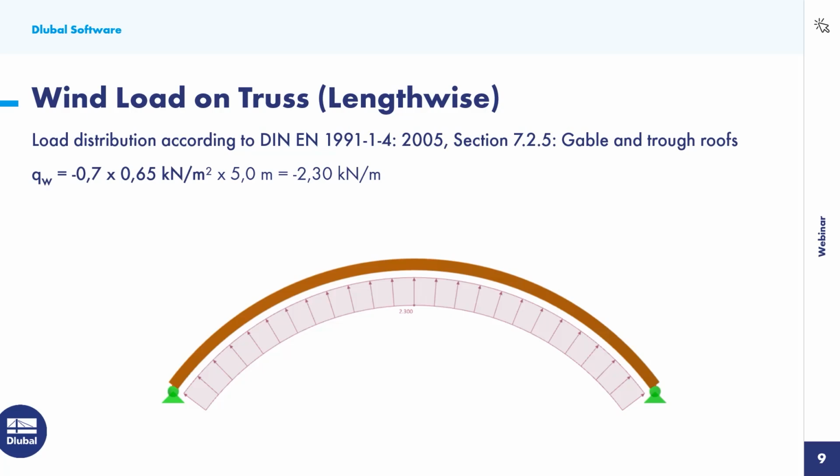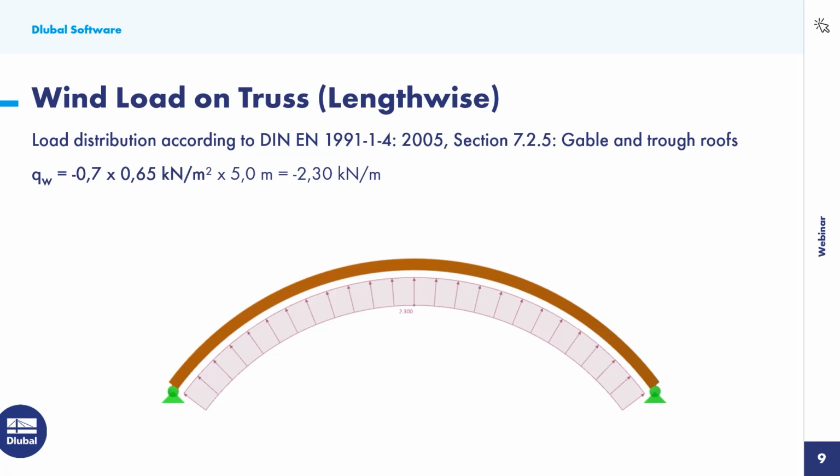I calculated an average of 0.7 multiplied with the peak pressure and also with the influence width, and applied it over the entire length of our truss, which is a load equal to 2.3 kilonewtons per meter as a wind draft.